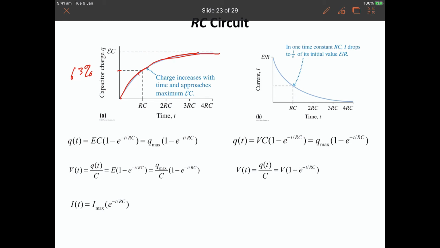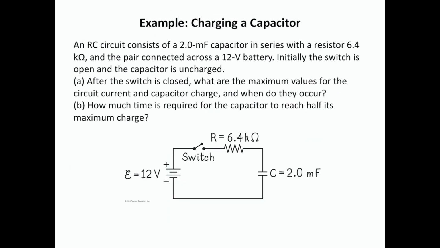Here, 2 RC, because 63% is 1 minus 37%. So how about here, it is 1 minus 0.37 squared. So this is how you charge a capacitor.